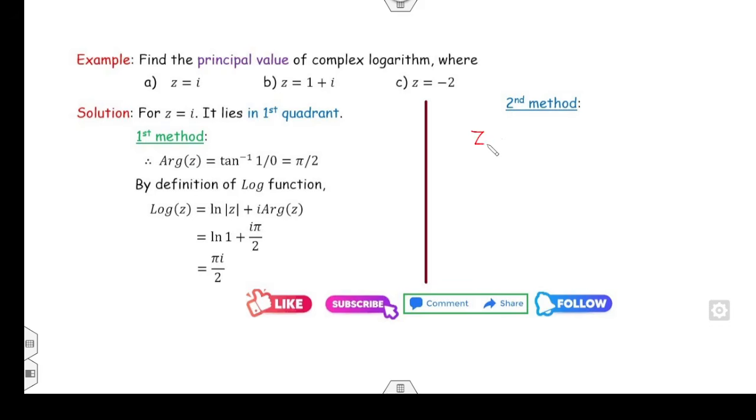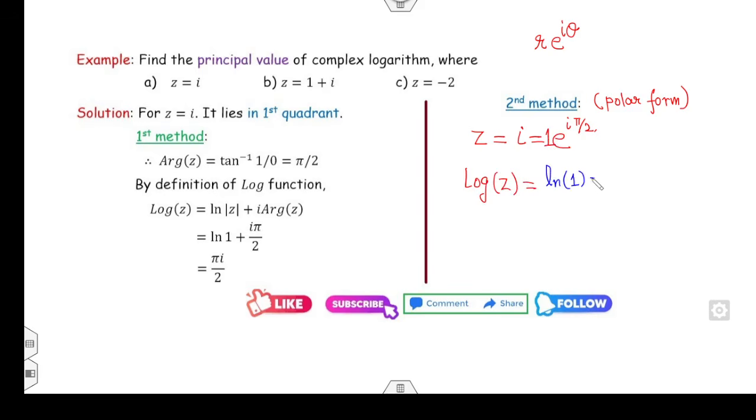Otherwise, you can also write this in polar form. Write in the polar form. Fine. What is the polar form of iota? For the polar form you will write this, right? So that will be e to the iota times pi by 2. Then you can find the log of z. The modulus came as 1, right? So I can choose log of 1 plus ln of e raised to the power iota pi by 2.